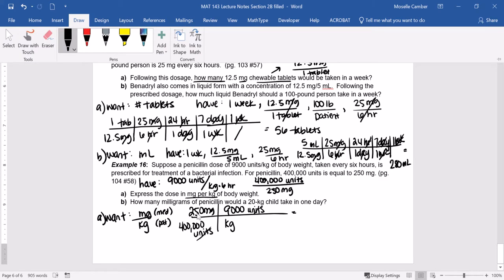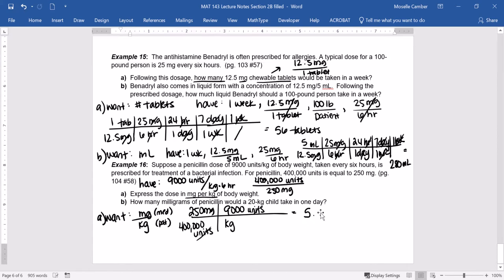So I just do the 250 times 9,000 divided by the 400,000. And so we get 5.625 milligrams per kilogram of body weight every 6 hours.